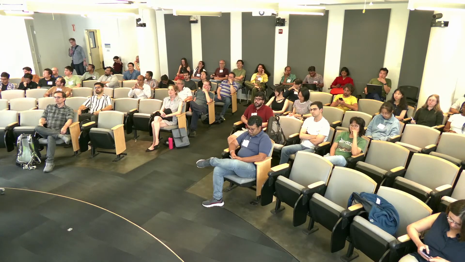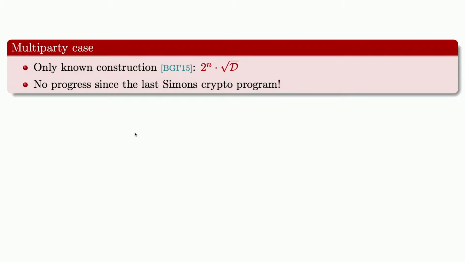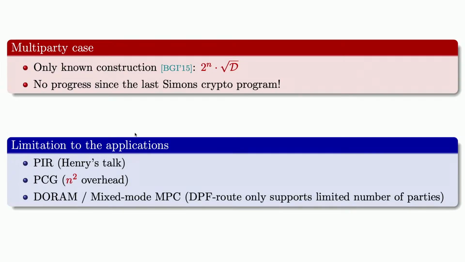Is the lack of progress because we don't care about it, or maybe the two-party case suffices? Actually, this limitation in the DPF construction, where we can only do two-party efficiently but not multi-party, also poses a limitation on all these fascinating applications enabled by DPF.